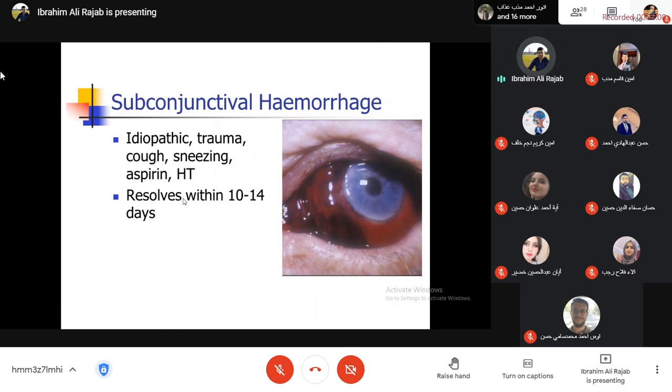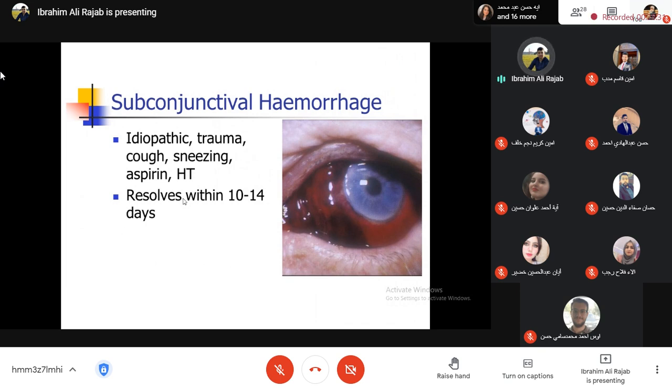If the cause is a trauma, we should search for other signs of trauma. I mean, we should examine the cornea, the anterior chamber. We should examine the sclera if we can, and we should examine the retina. If there are no other signs or other insult to the eyeball, we should also just reassure the patient.